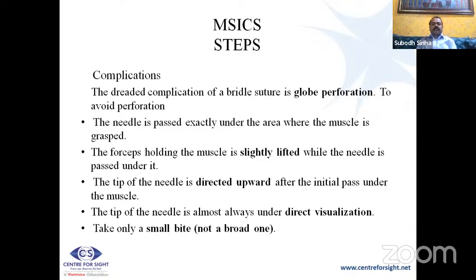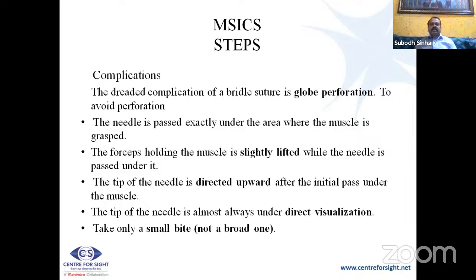One of the complications which may happen at the time of bridle suture is globe perforation. So you have to be a bit careful. The important thing is to do everything under microscope observation.